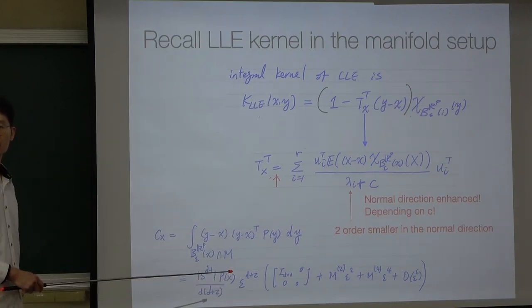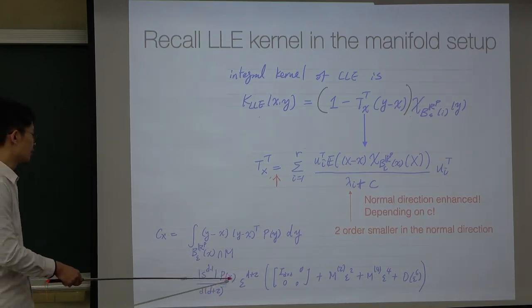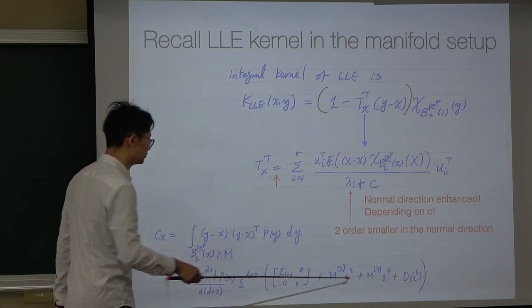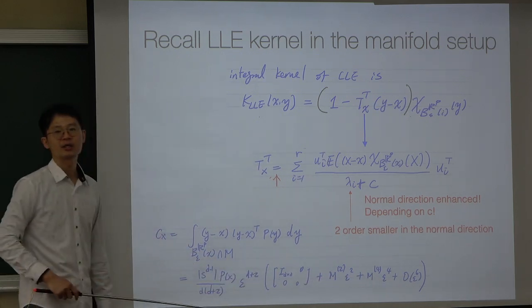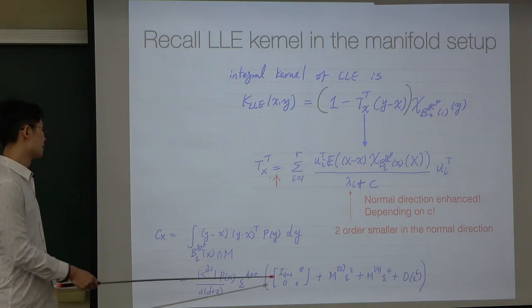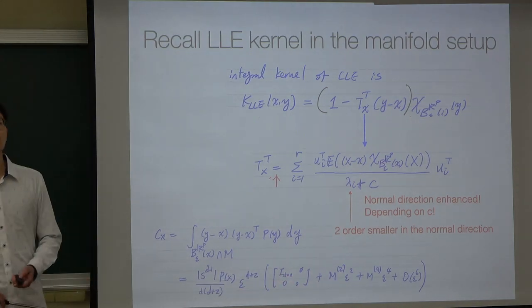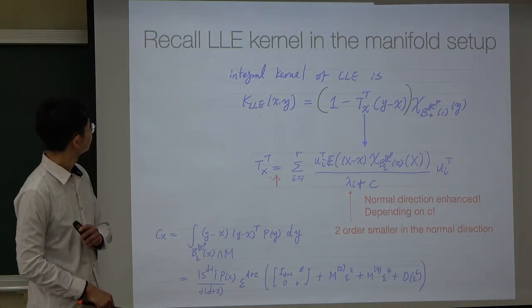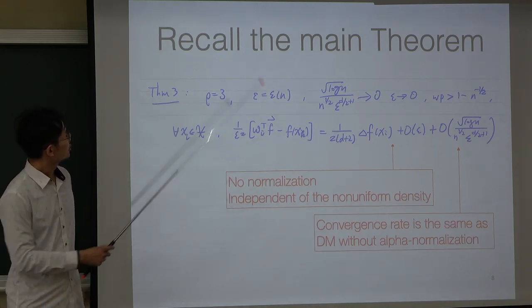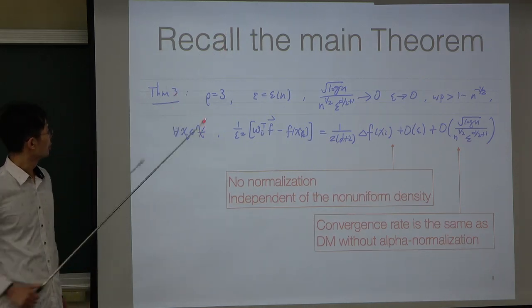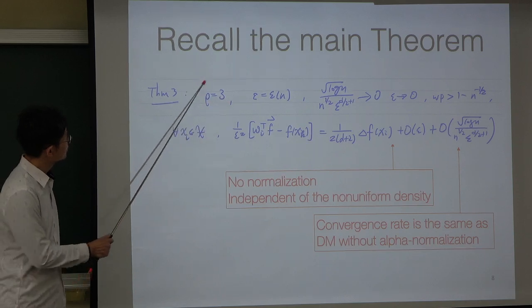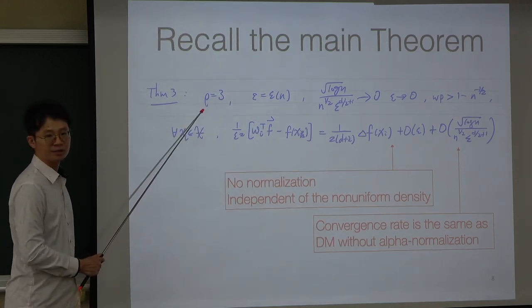In the last lecture, we learned the behavior of the eigenvectors and eigenvalues and how they are perturbed from the ground truth tangent space and normal direction and so on. Also recall the main theory. What we had before was if you choose rho to be 3, and what is this rho?